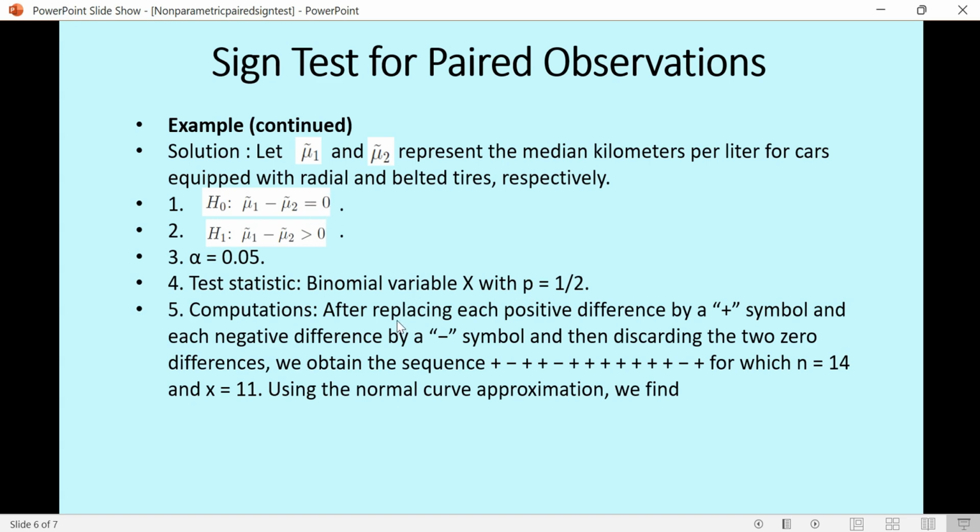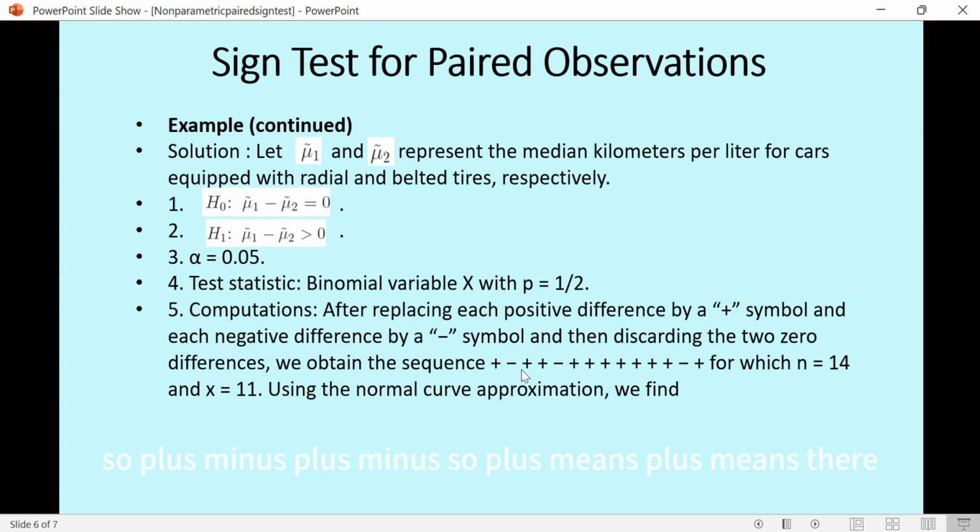We check the difference for all 16 trials. After replacing each positive difference by a plus sign and each negative difference by a minus sign, we discard the two zero differences.